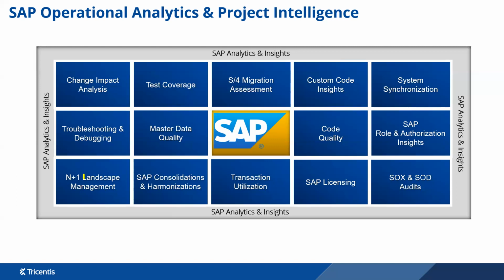So it's really good for N+1 landscape management as well. So Live Compare, hence the name Live Compare, we can do real-time mass volume comparisons of code, config, data, security objects, whatever you want between any systems and help you stay in sync.